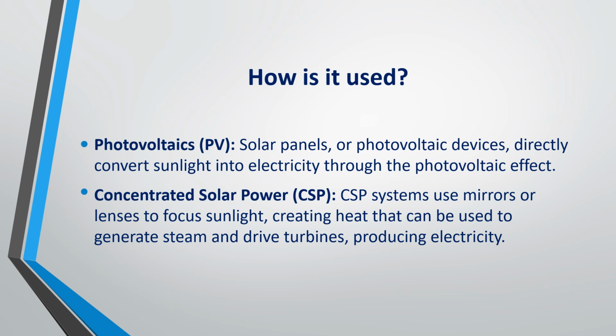CSP systems use mirrors or lenses to focus the sunlight, creating heat that can be used to generate steam or drive turbines, providing electricity. So indirectly also, CSP systems save energy for you, either by generating electricity or by heating water and creating steam to run your turbines.